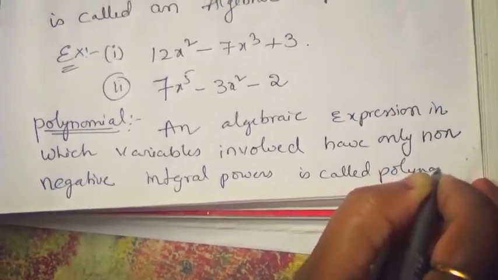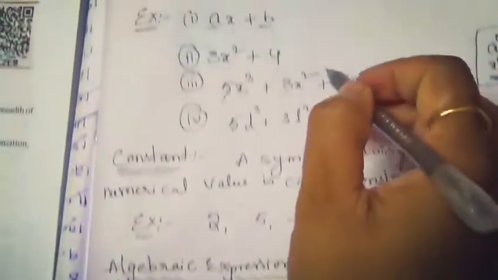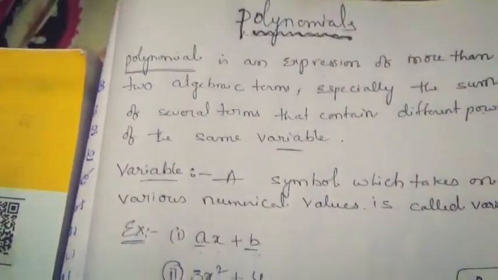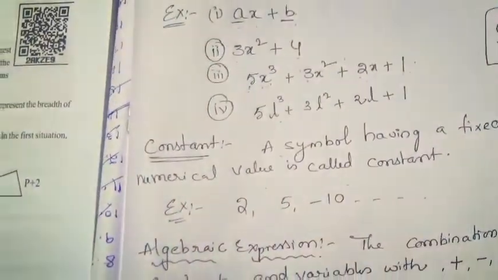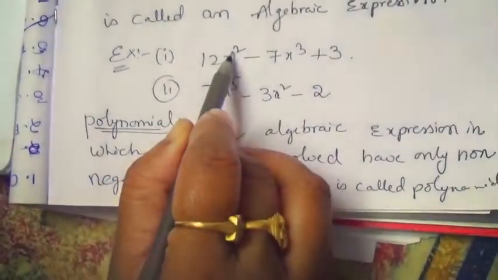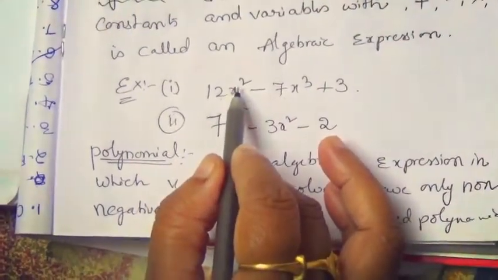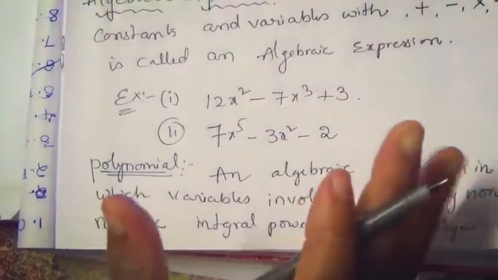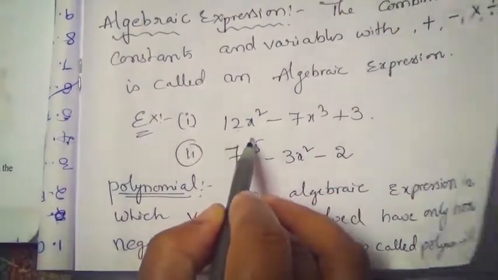Look at here, from all the above expressions, are there any negative powers? No. If we express negative powers, like x to the power of minus 2, when we use negative powers, it's not a polynomial. Only positive powers have to be there for the variables.